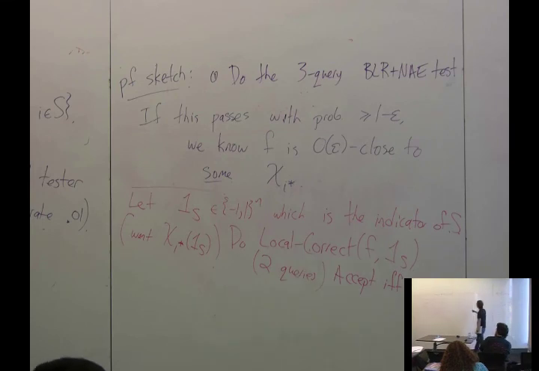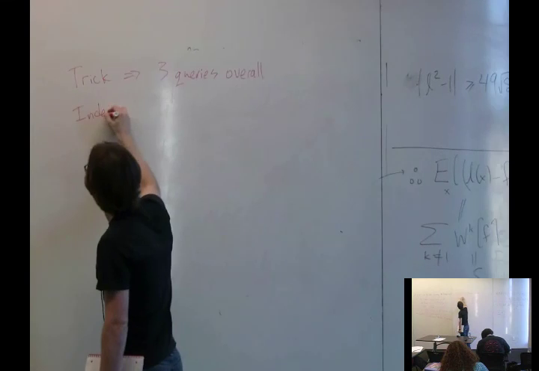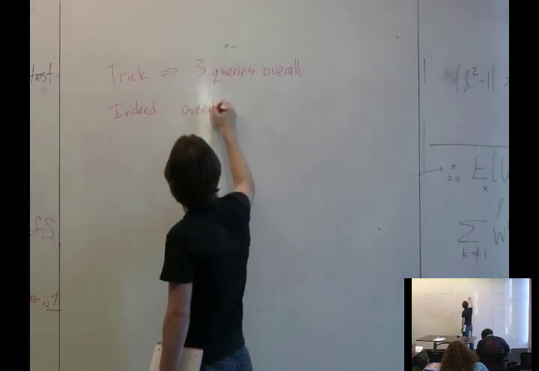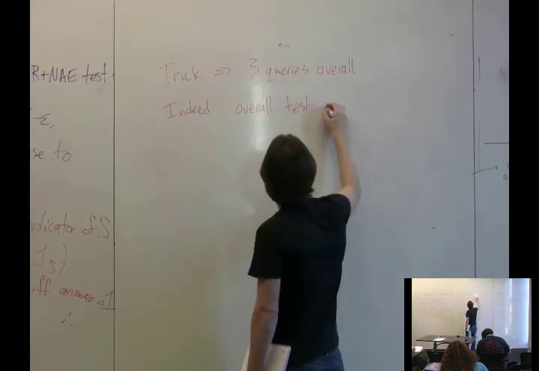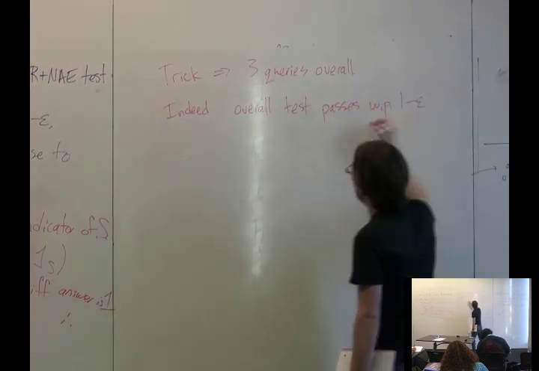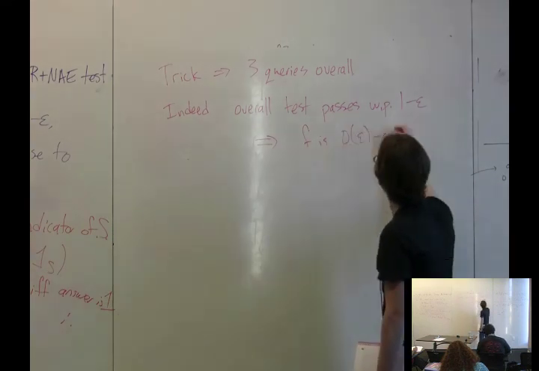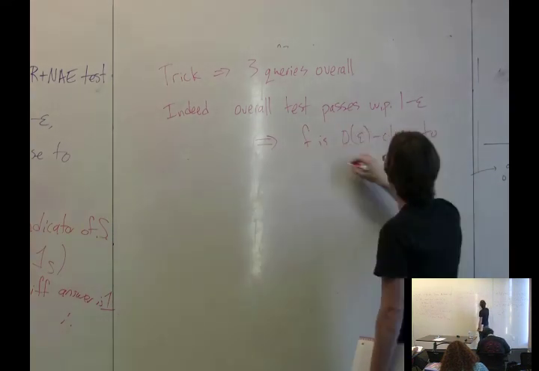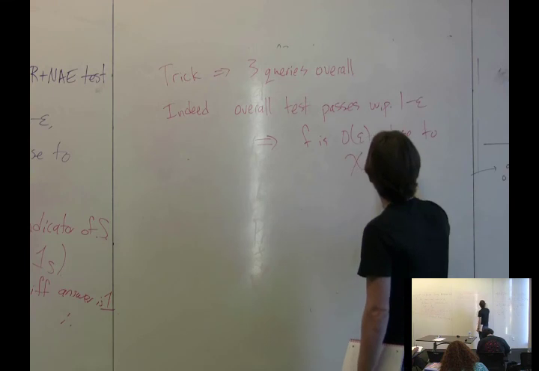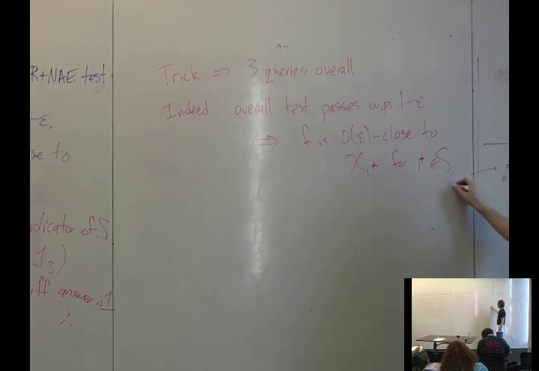So without writing all those words, indeed, the overall test passing with probability 1 minus epsilon implies that f is O of epsilon close to chi I star for I star in S. That's the end of the proof sketch.